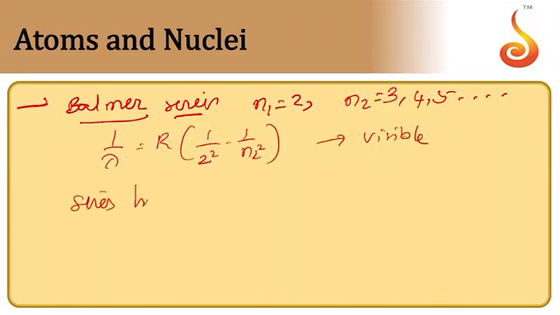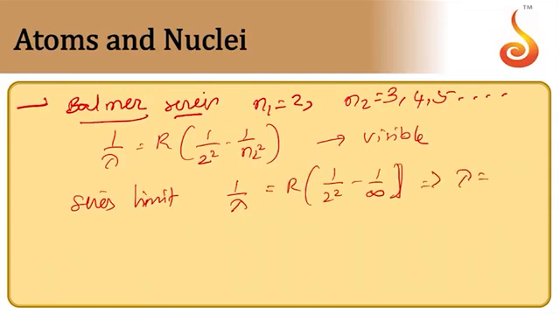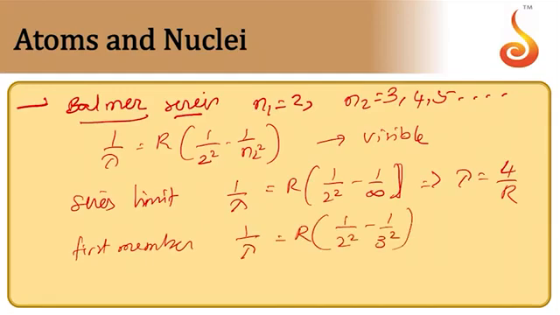The series limit is given by 1 by lambda equal to R into 1 by 2 square minus 1 by infinity, which gives lambda equal to 4 divided by R. The first member corresponds to 1 by lambda equal to R into 1 by 2 square minus 1 by 3 square, which means lambda for this is 36 divided by 5R. So the range of this Balmer series lies here.